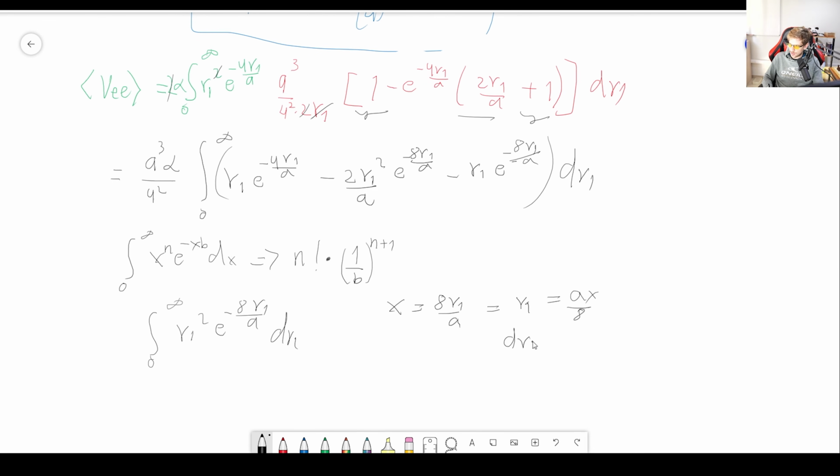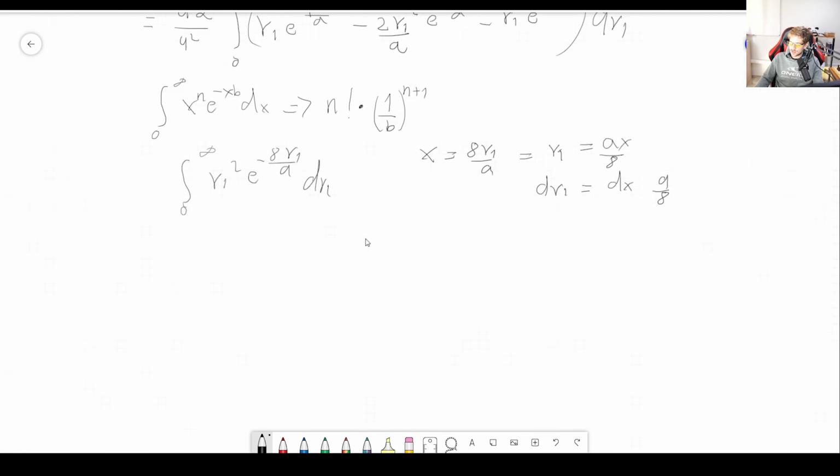So dr1 is going to be dx times a over 8. So this integral will now become, well, r1 squared is going to give me a over 8 squared, and then from dr1 we are going to get another a over 8, and then we get the integral from 0 to infinity of x e to the minus x dx.